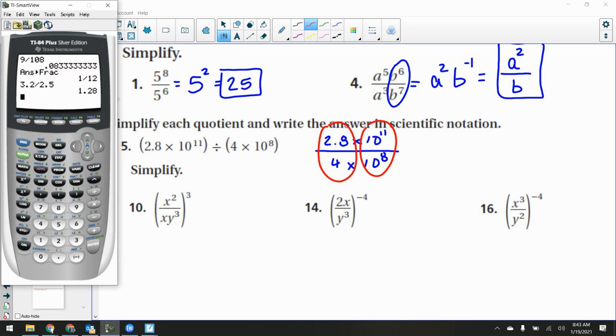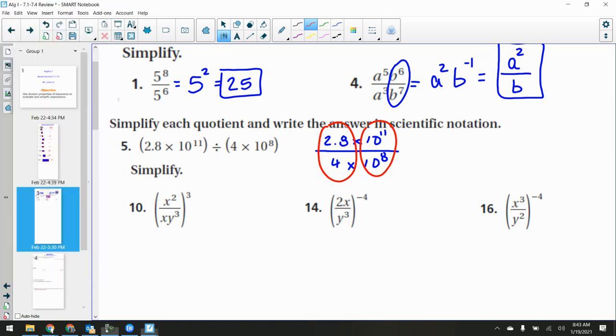So let's take a look here. I've got 2.8 divided by 4, and that gets me 0.7. And then times 10 to the, what power? Third. 11 minus 8 is 3.